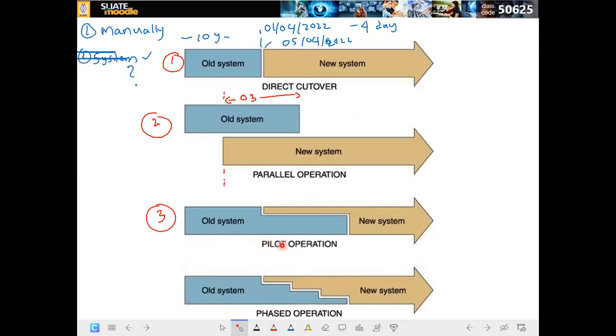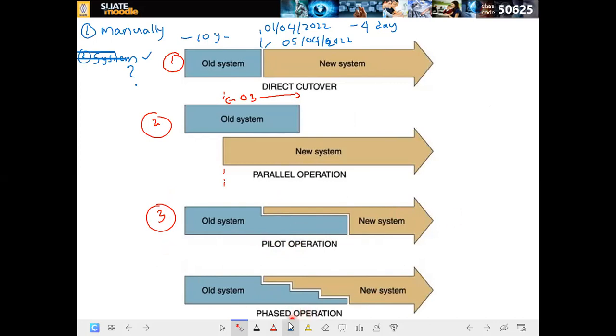In this method, some part of the new system is operated. Then after that, if it is successful, you can make sure the new system is okay without any fear. Now we can move to the new system, right?